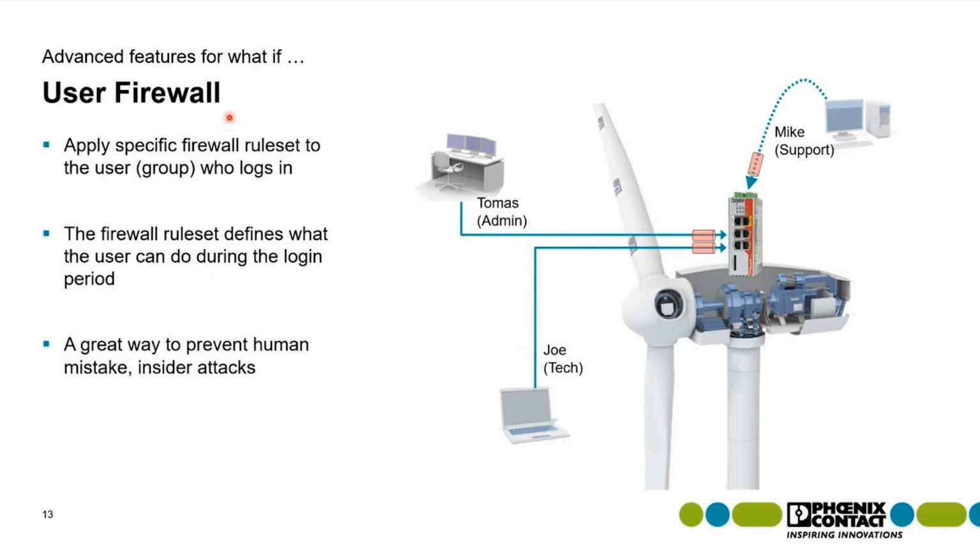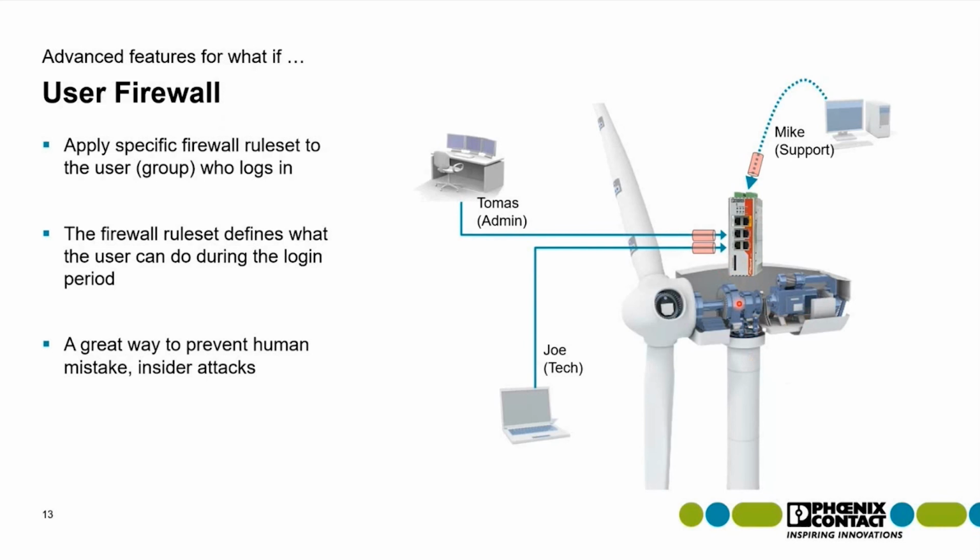This feature gives you the flexibility to temporarily assign specific firewall rules to a specific user during his login period. For example, under normal conditions, this wind turbine cannot be accessed from the external, as I just mentioned. The internal traffic only goes to the DMZ. The external cannot access the internal directly.